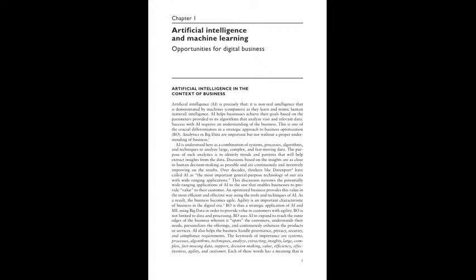So can you see the paper, the book? Can you read it?